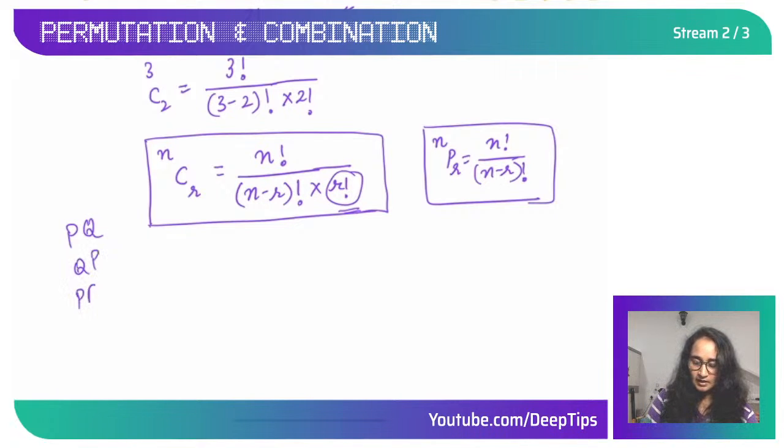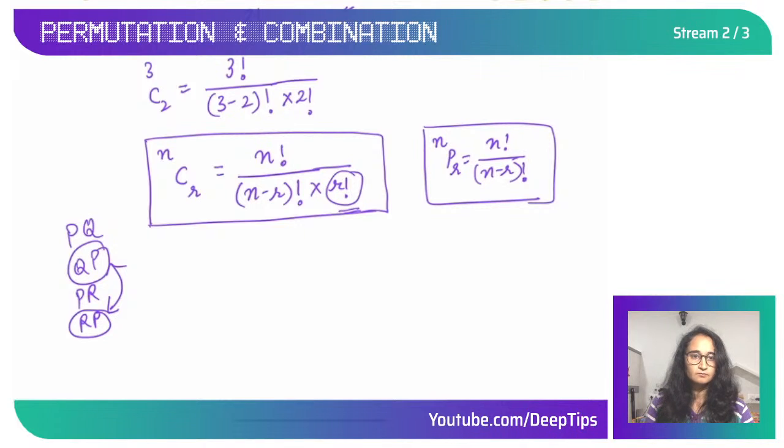If we have written PR, we don't want RP, because they mean one and the same in combination, but in permutation they have different meanings. That's why we divide by r factorial: if 2 people are selected, they can be arranged in 2 different ways, so I divide by 2 factorial, or 5 factorial, whatever number of people I'm selecting. That's the reason why r factorial is in the denominator. So nPr equals n factorial upon (n minus r) factorial.